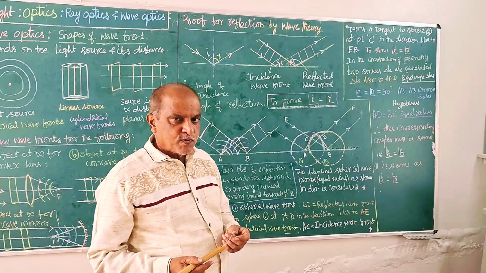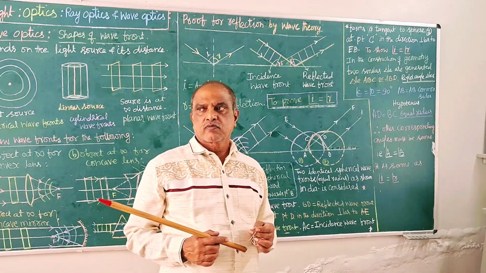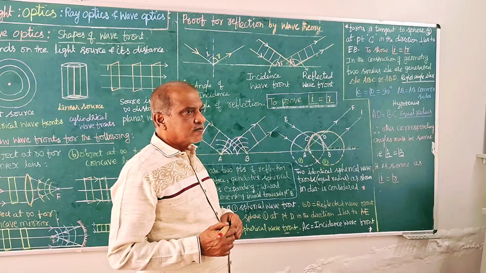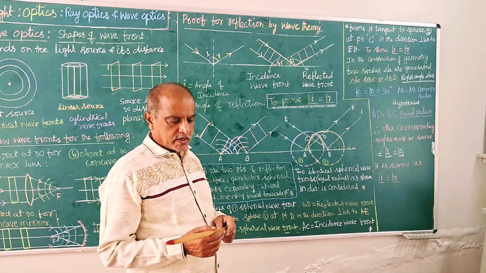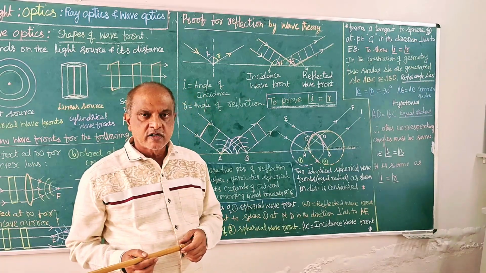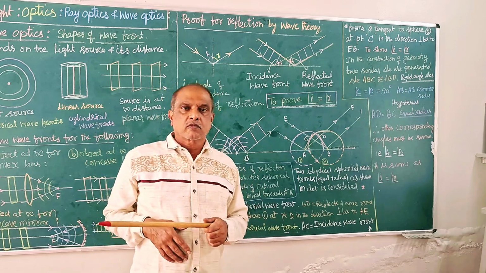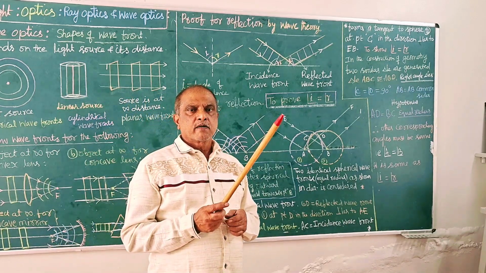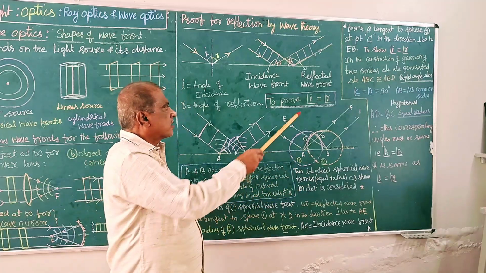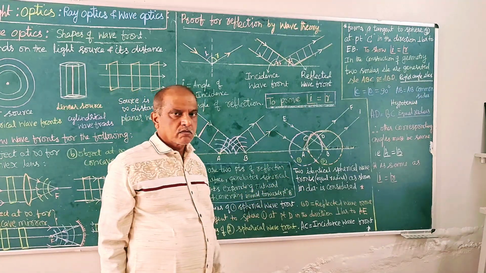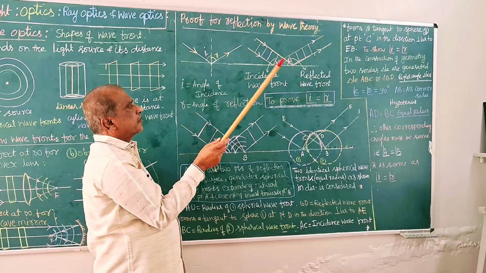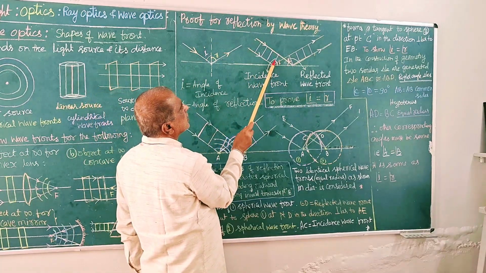We have to give the proof for this. This is the geometry of waves. What is the proof? It requires the knowledge of geometry. Let us use the knowledge of geometry to prove i equals r. Look at this point.